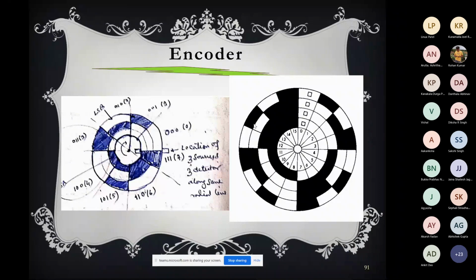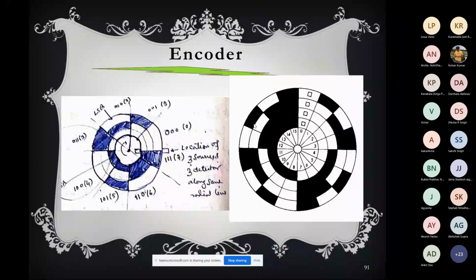That is our assumption. Our assumption is that the transition from transparent to opaque or vice versa is happening on a single transition line. So if you have three tracks, three transitions are happening simultaneously.